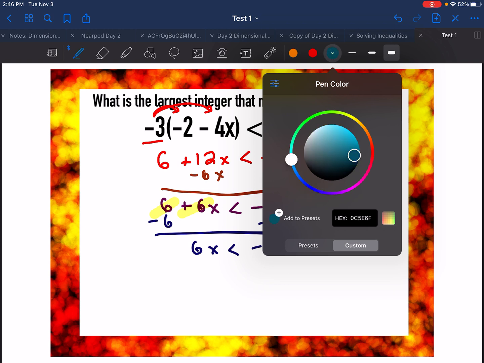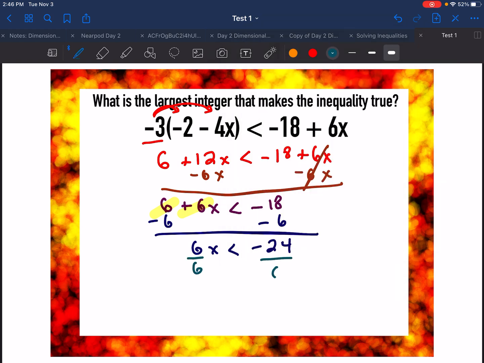And I want to divide by 6 on both sides. I get x is less than, and then negative 24 divided by 6. That gets us negative 4.